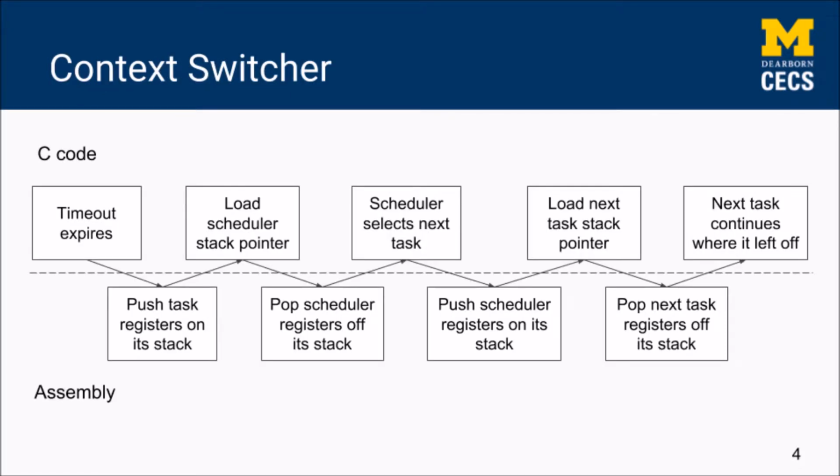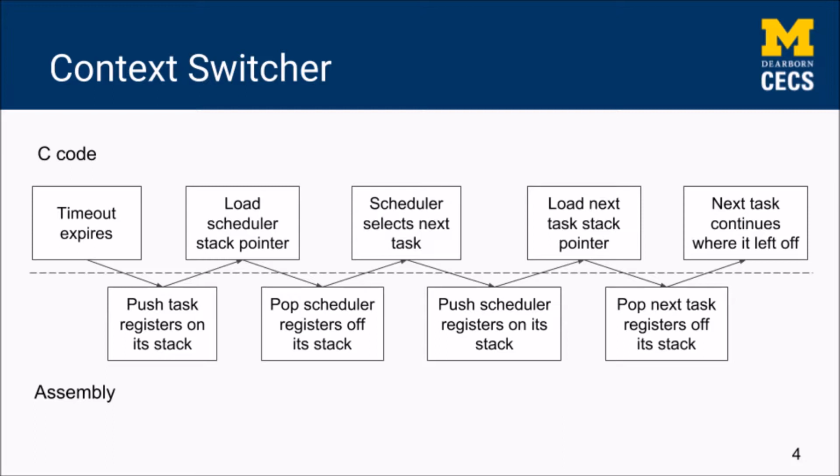For our context switcher, that was easily the hardest feature of our operating system to implement, so we'll go into that in significant detail. The switcher is split between the C code and the assembly code. To start, the timeout on a task expires, and that triggers an interrupt to push the task registers onto the stack.